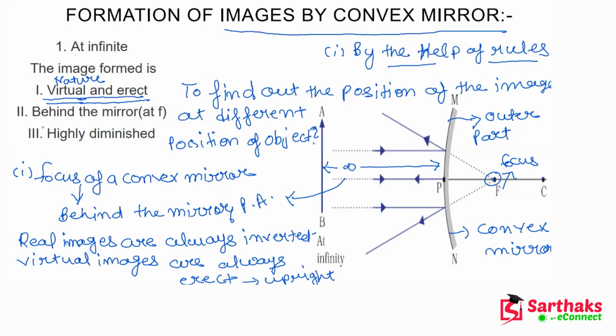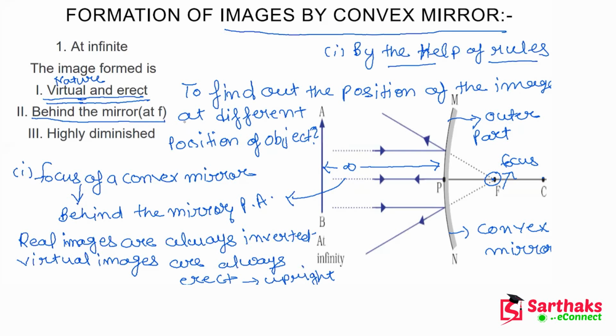Now, guys, let's talk about the location or the position of the image. By the help of this diagram, you can easily understand that the image is formed behind the mirror at this point F. So, you can simply write behind the mirror at point F. But in the case of concave mirror, remember that point.